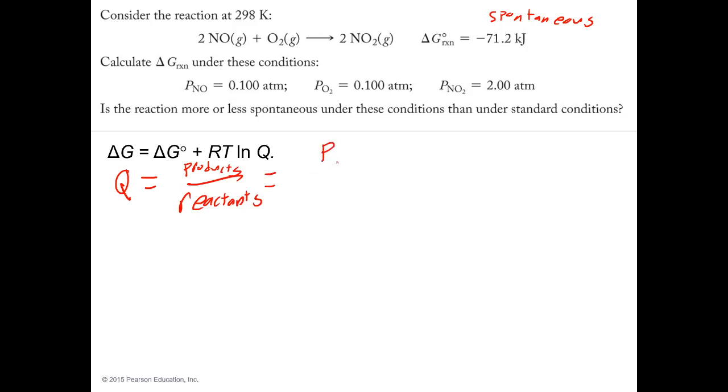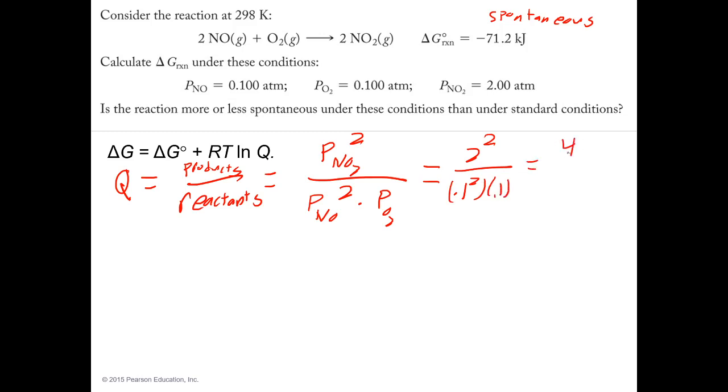Since these are all gases with pressures, we do the pressure of NO2 squared, divided by our reactants, the pressure of nitrogen monoxide. There's 2 of them, so it's squared, times the pressure of oxygen gas, which doesn't get squared because there's only 1. We plug these values in, we get 2 squared divided by 0.1 squared times 0.1, which gives us 4 over 0.1 to the 3, which is 0.001, which will give us a Q of 4,000. Note, we don't know K yet, so that doesn't tell you anything yet. It's going to be used in our equation.